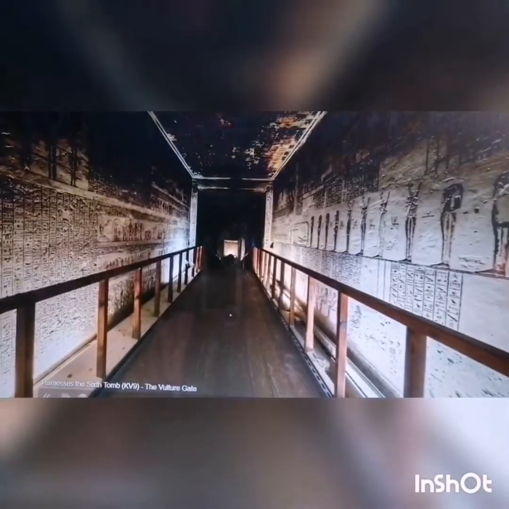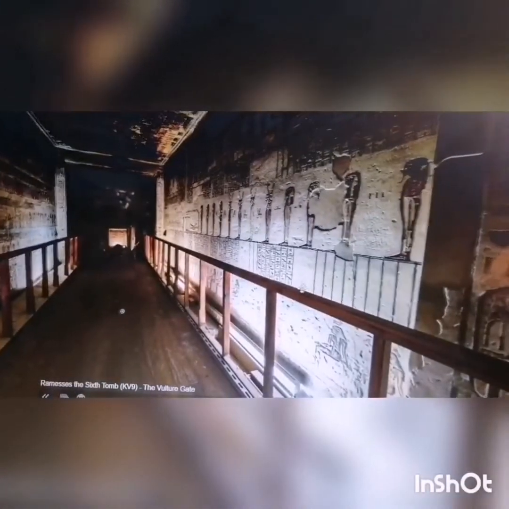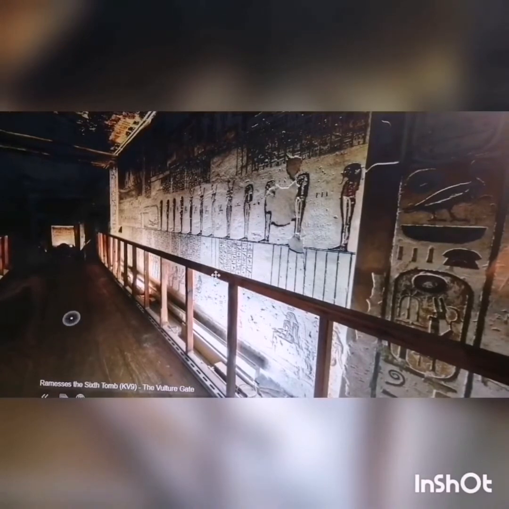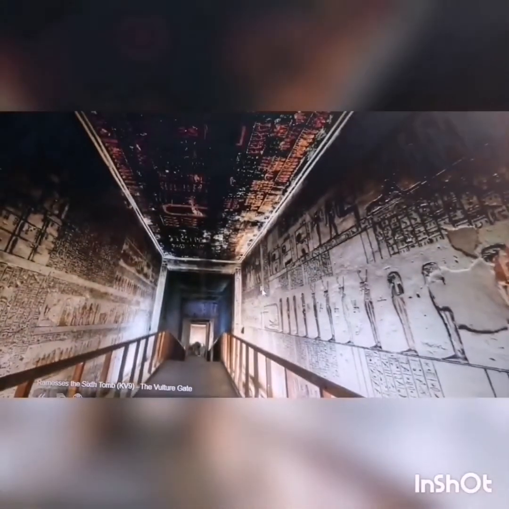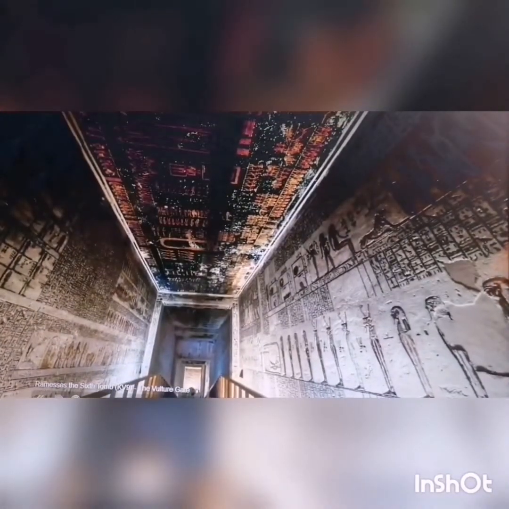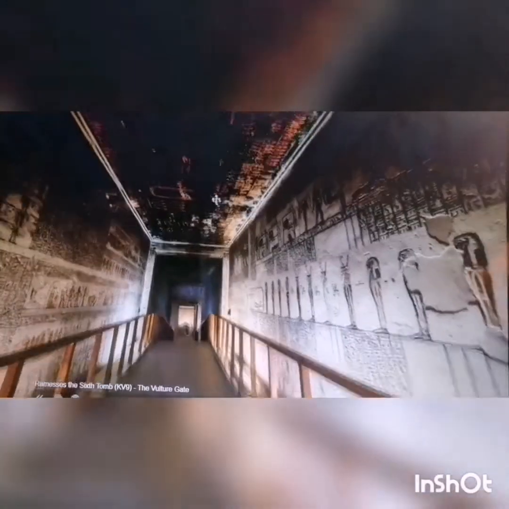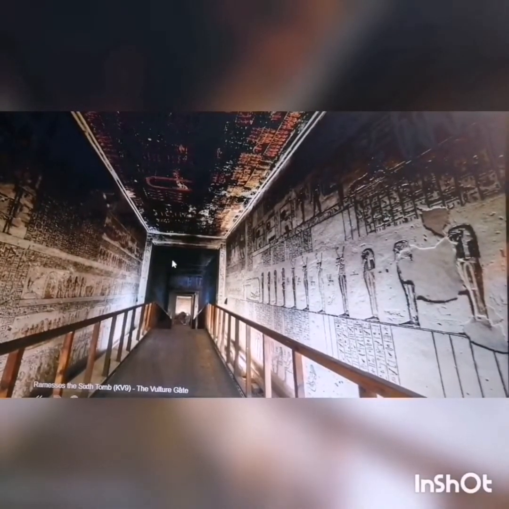The animals, the humans, and the rivers, across the rivers.